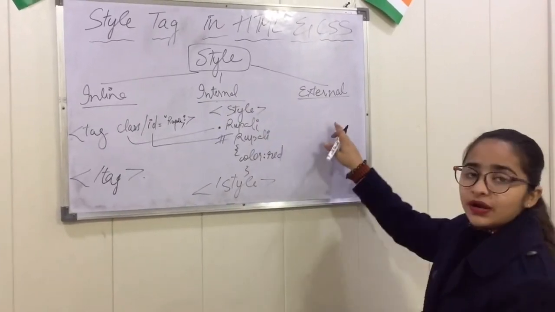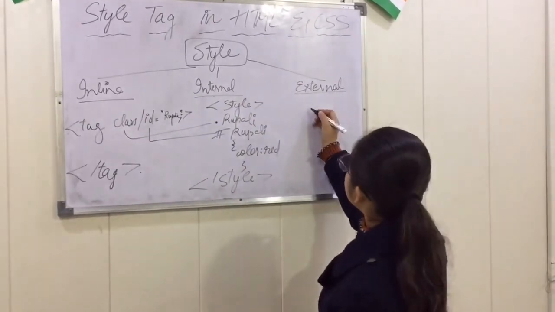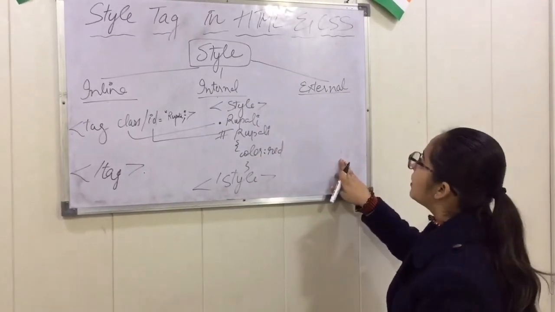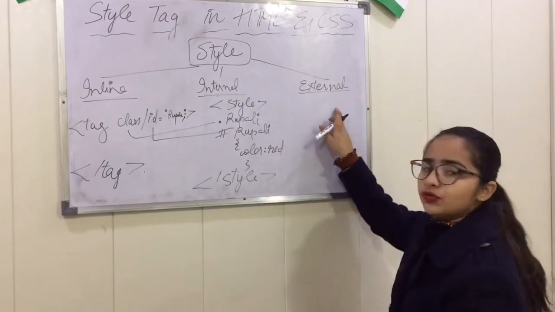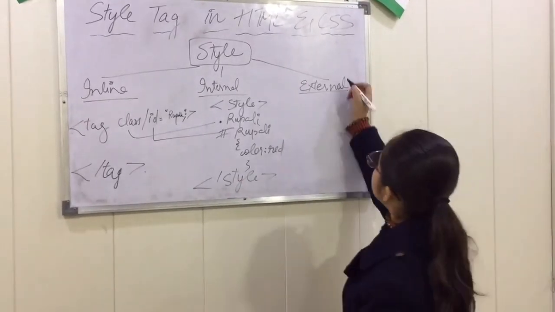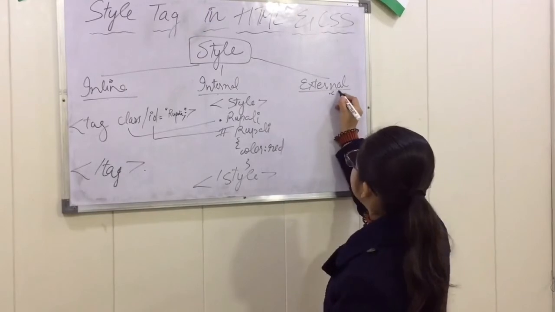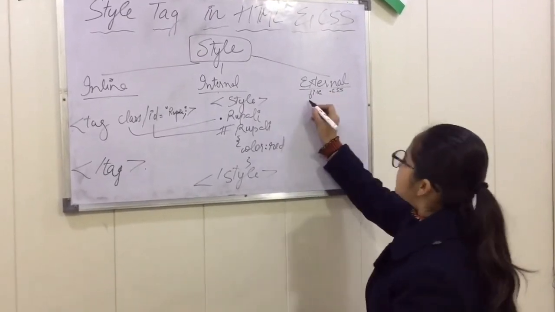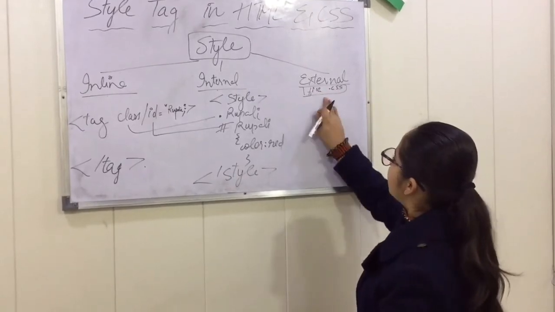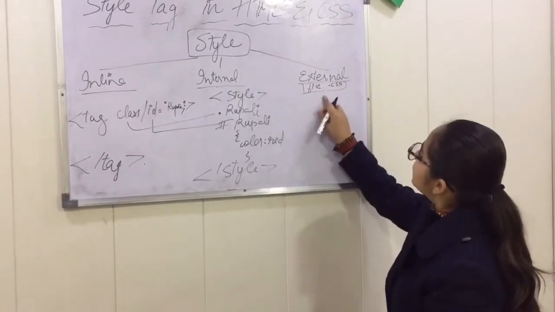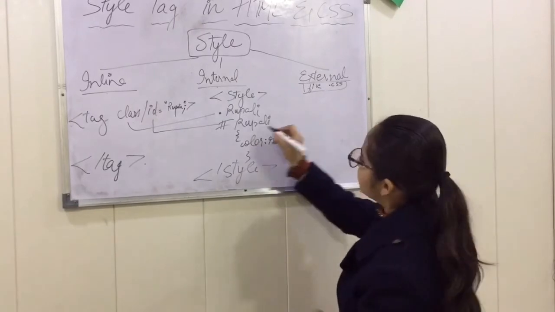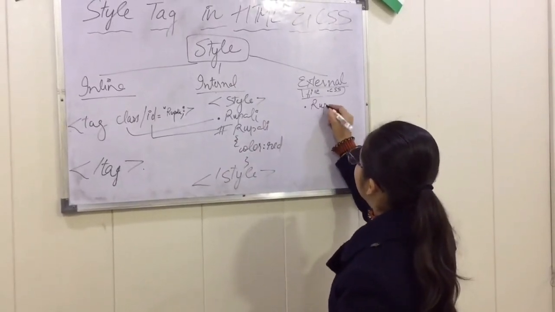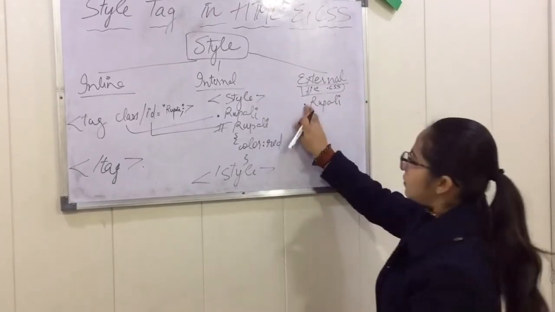Now we are talking about external. In external, this whole process will be included, but we have to maintain a new file with the extension .css. Suppose I am taking my file name, file.css. In this file, if we are taking the class, then we will take dot Rupali.